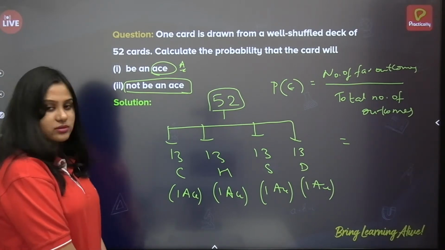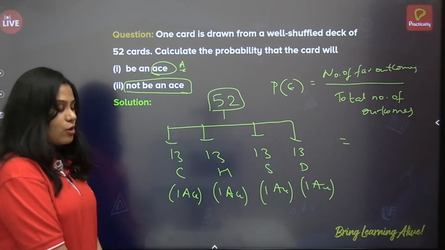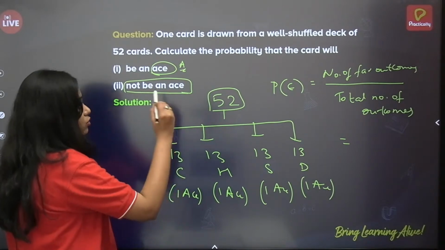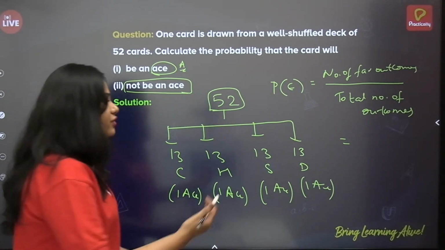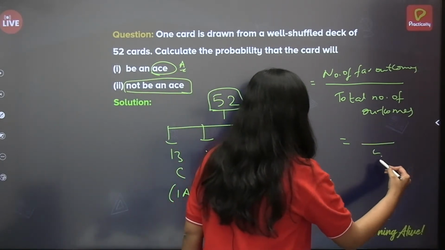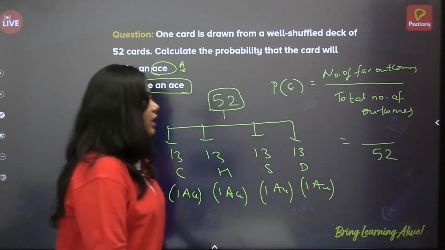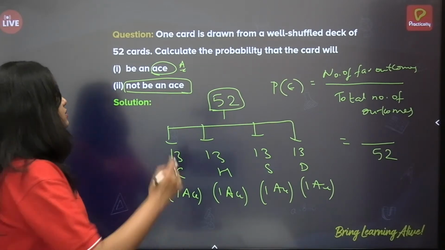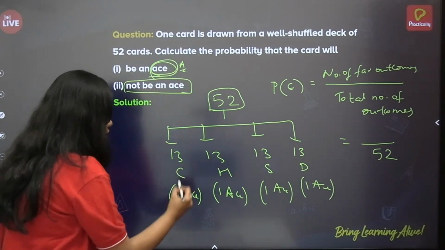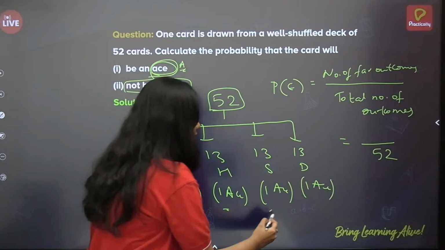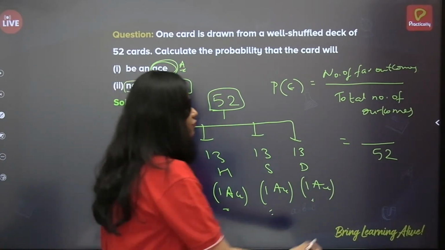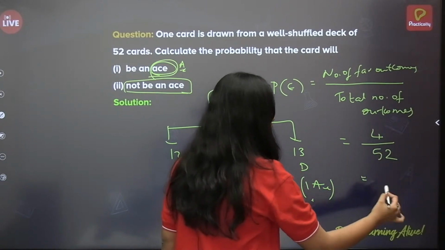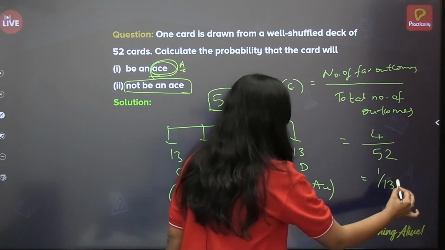Ace card. Okay, so what is the total number of outcomes? 52 cards, correct? There are a total of 52 cards. So this is 52, right? Now, the number of outcomes to be an ace. Here one, here one, here one, here one. So there are only 4 ace cards, correct? So it will be 4 by 52. That is 1 by 13, right?